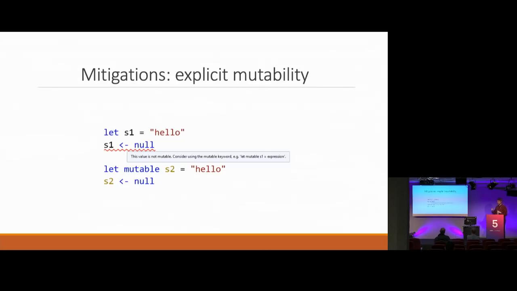Oh, I had to make this mutable. It could change out from under me at any point in time. I need to be really careful with this. Or maybe they may even say, oh, I should perhaps rethink how I'm constructing things around here so that things can't change out from under me. Whereas if you compare that with C#, for example, things can always change out from under you by default. And so this is something that does make the problem a lot better in F#.